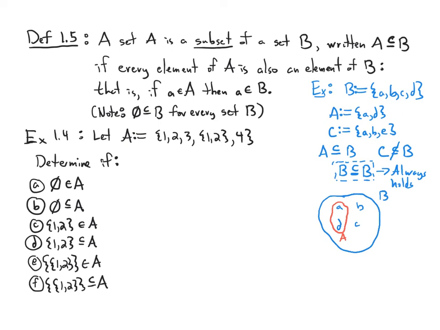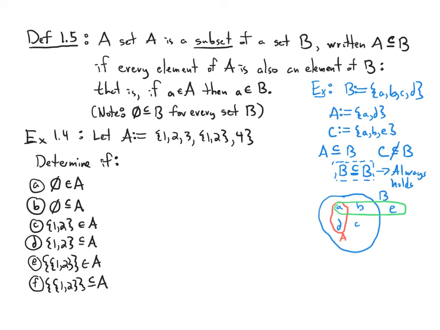Set C, I'll do this in green. That's A, B, and E. So there's an element E somewhere out here. And set C looks like this. It's not wholly contained in B, so it's not a subset.